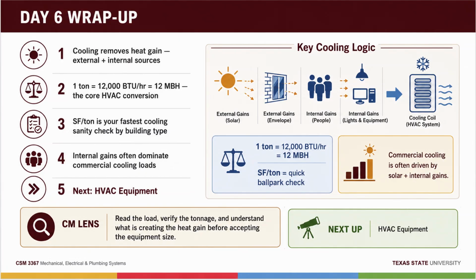Never. Conceptual estimates and sanity checks only. What does an oversized unit do all day? Short cycles. And what job does it fail at? Dehumidification, cold and clammy. Residential load calc method? Manual J. Commercial? Manual N. And the concept that explains why the building's total tonnage is less than the sum of the rooms? Diversity. That's the quiz.